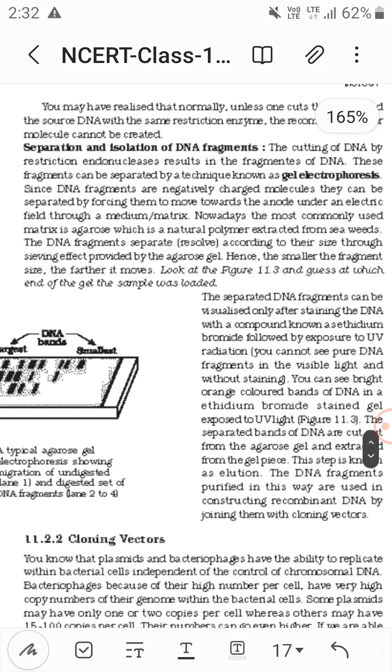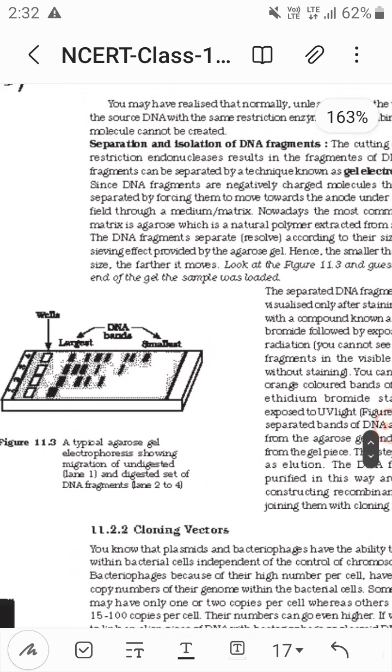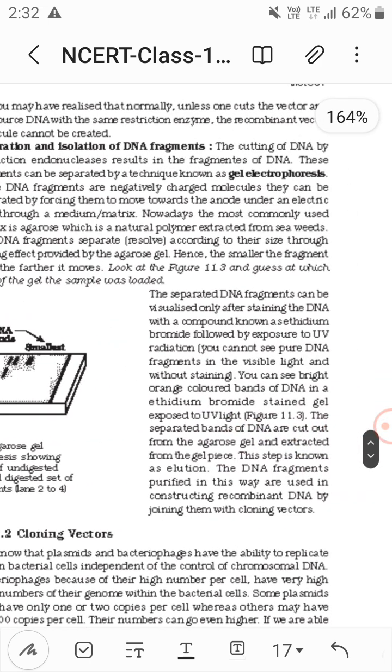They move large distance. Anode is positive, DNA is negative.